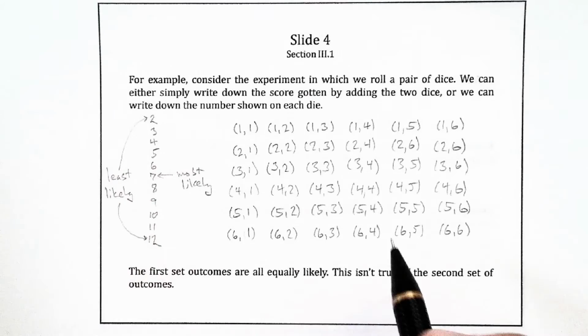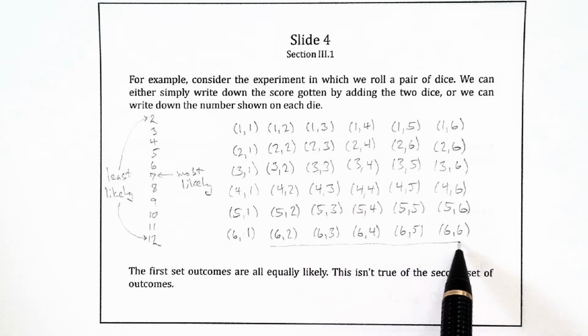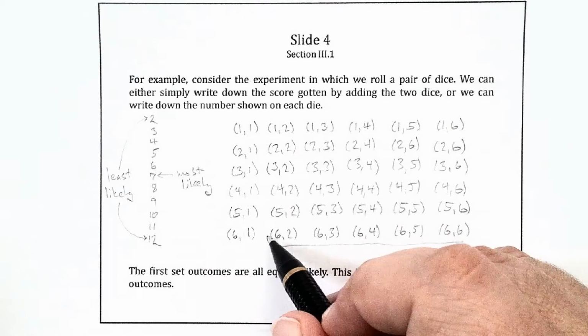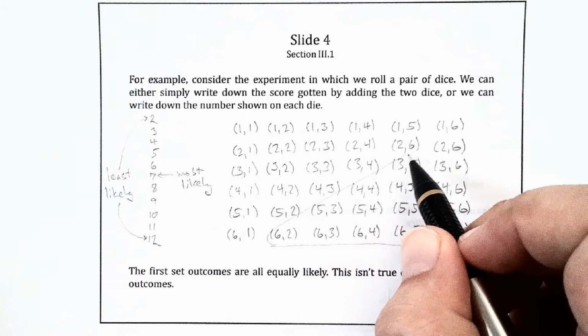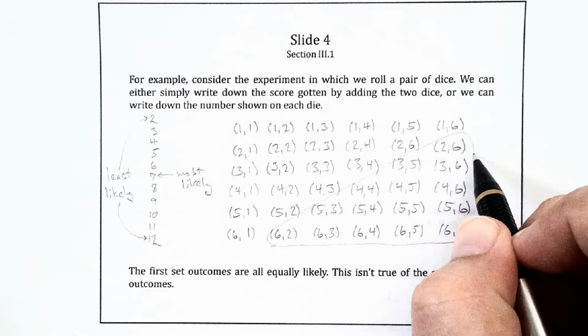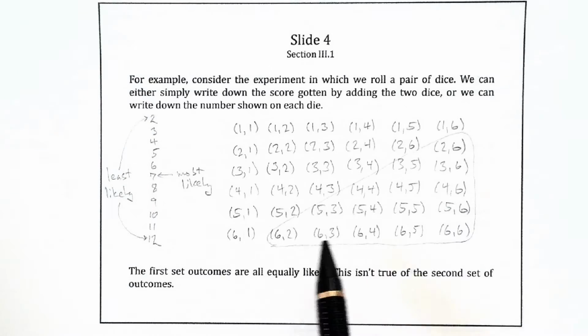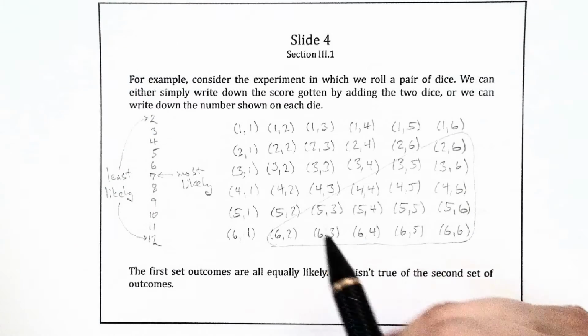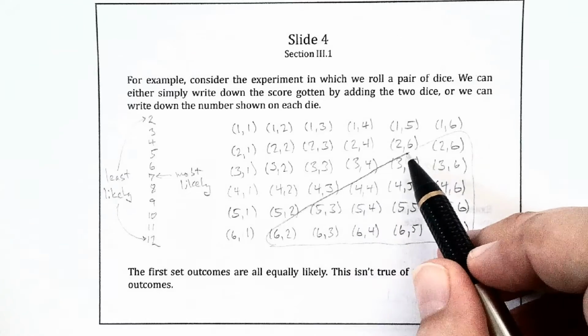And I can circle that on here. So these are the outcomes in which we get an 8 or higher.